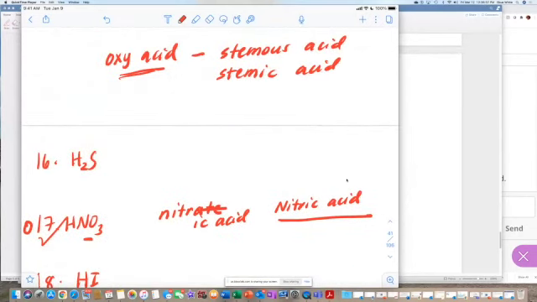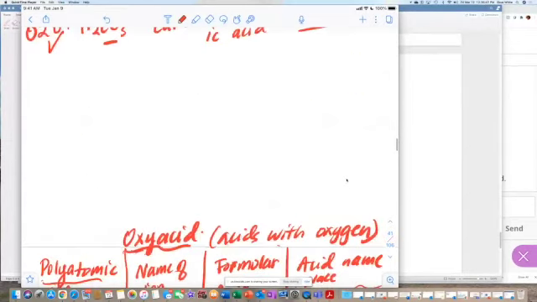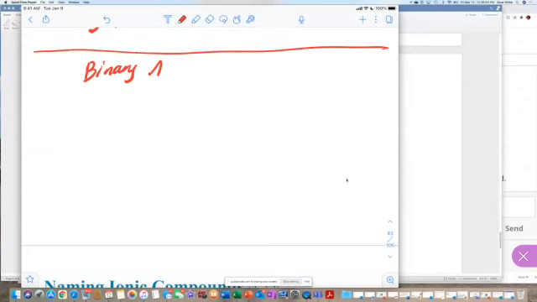When you're naming the binary acid, these are called binary because they're mostly two elements. With binary acid, the format is hydro, the first element, but the first element is named... the hydro represents hydrogen.